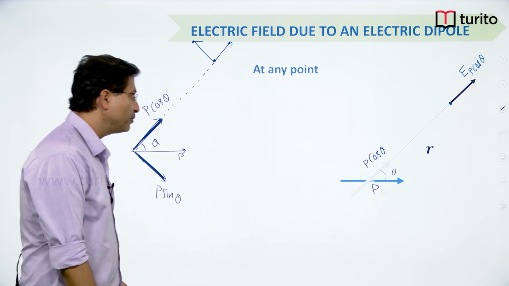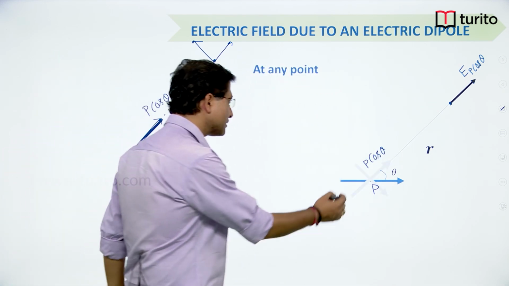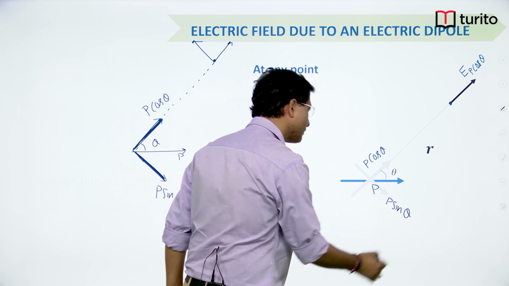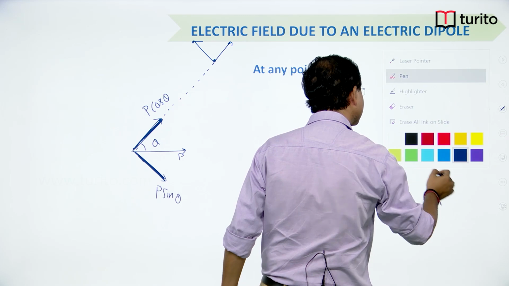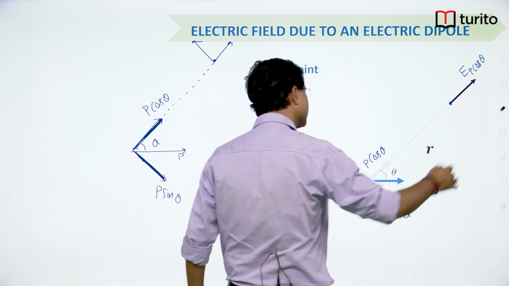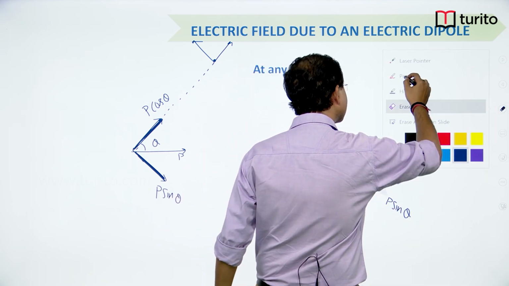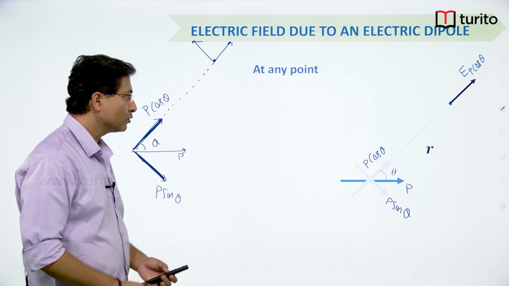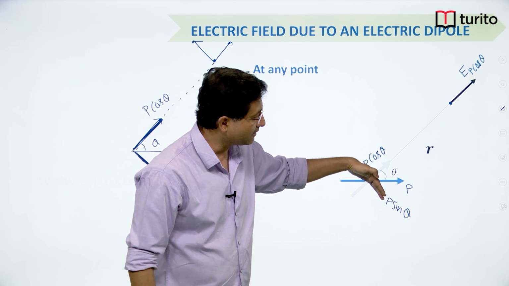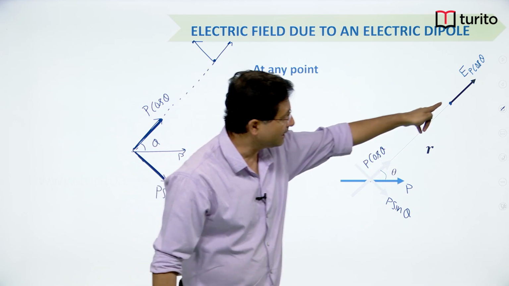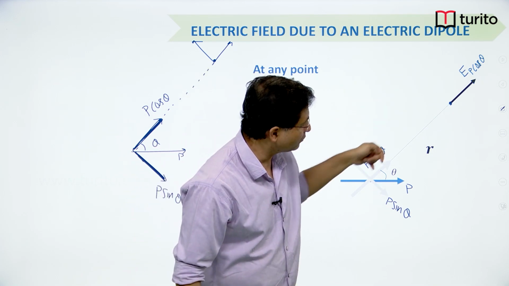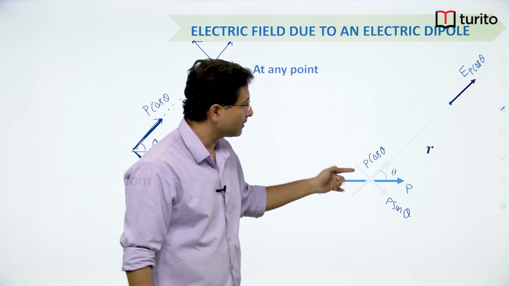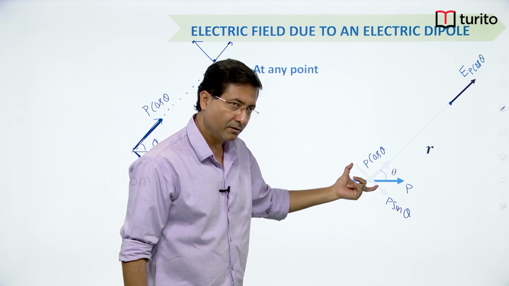Now, because of P sin theta, this component is representing P sin theta. So, due to this P sin theta, field here will be opposite to the dipole moment, because this is the point on the bisector of this dipole.